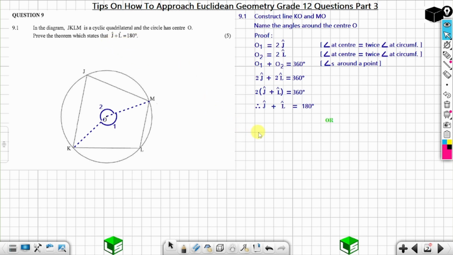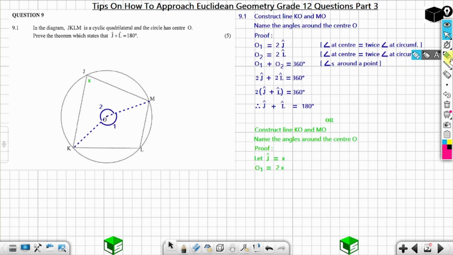You are going to say construct lines KO and MO, and then name the angles around the center O. Now the proof: you are going to let angle J equal to X, or angle L equal to X. I'm going to choose angle J. So let angle J equal to X. Now you are going to say angle O1 is equal to twice angle X, because angle J, which is X, and angle O1 are subtended by the same arc.